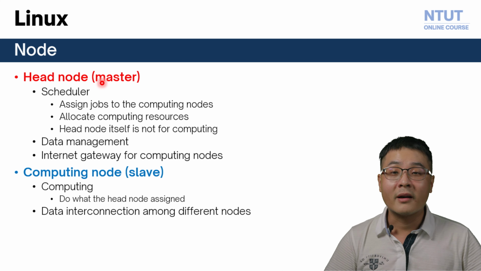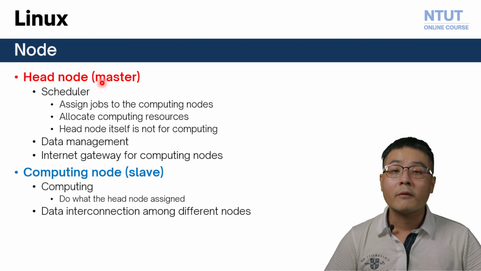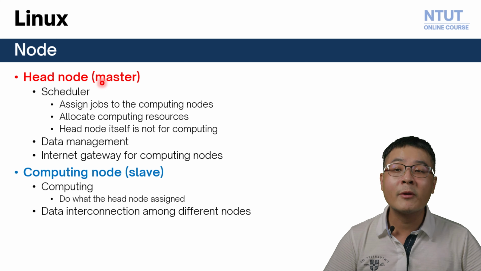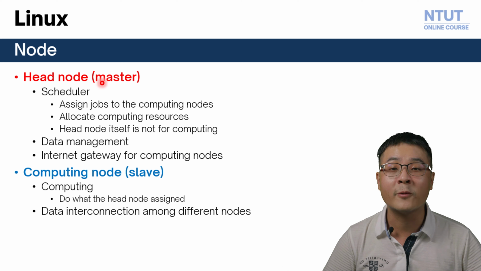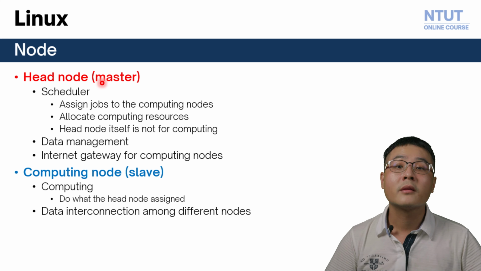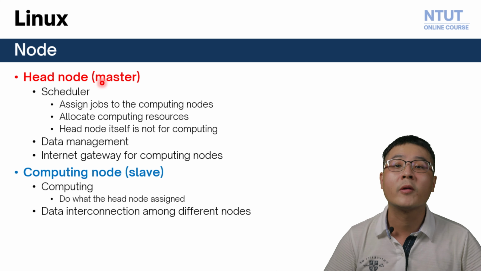The computing nodes just do what the head node has assigned to them. And typically there is no storage in the computing nodes. So we will make data interconnection among the different nodes and the storage, which we will mention later.